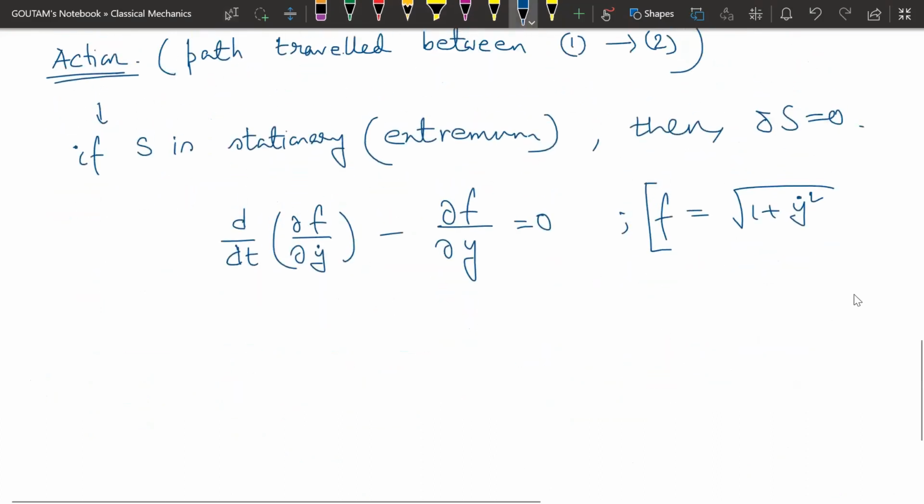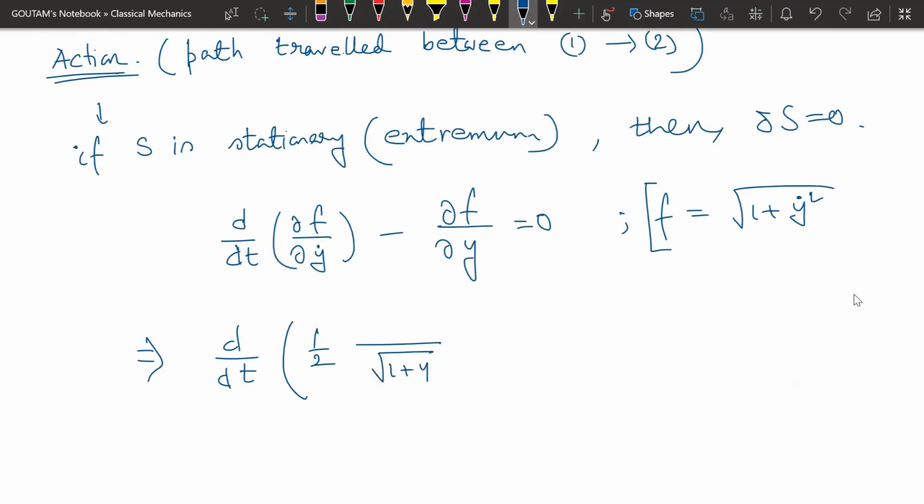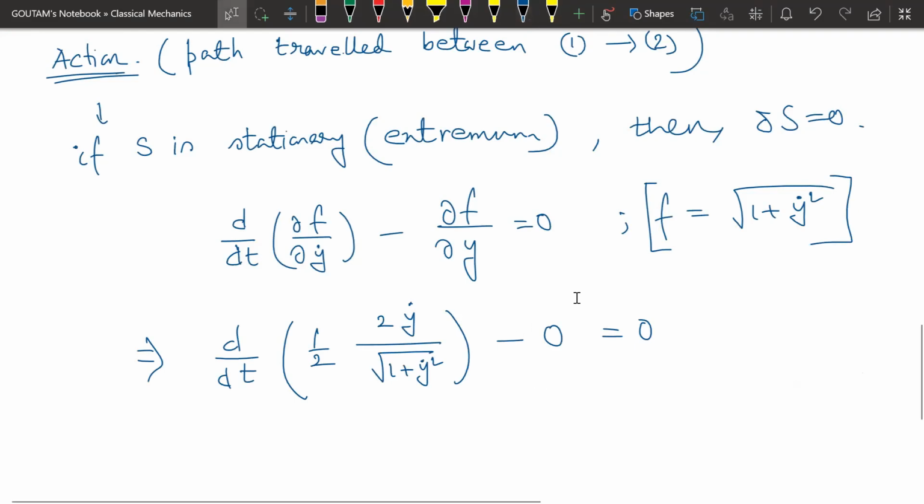Now if we do this derivative, then d/dt of ∂f/∂ẏ will be half root under 1 plus ẏ square into 2ẏ minus 0, which will be 0. There is no y dependence in f. So ∂f/∂y will be 0.